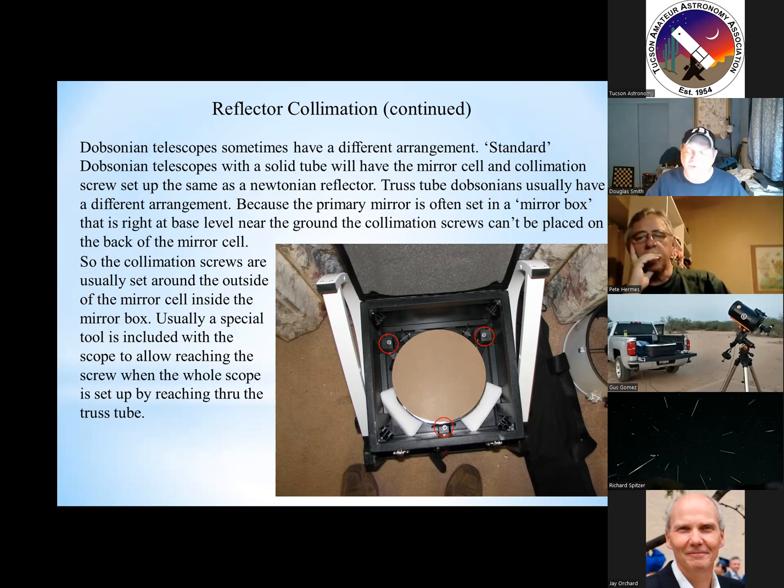But in the case of my Schmidt-Cassegrain, I usually only have to do the collimation once or twice a year. So I didn't think it was worth it to put the Bob's Knobs in. I could have done it, and that's fine. You do it for yours, that's great. And I know a lot of people who like doing that, and that's probably not a bad idea.